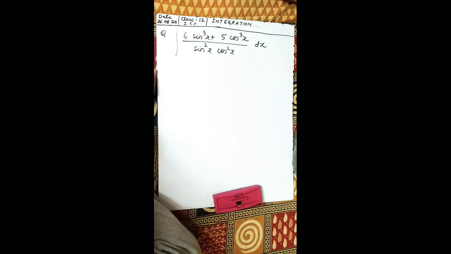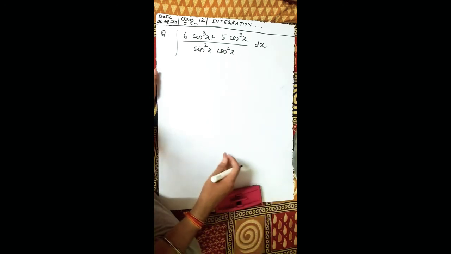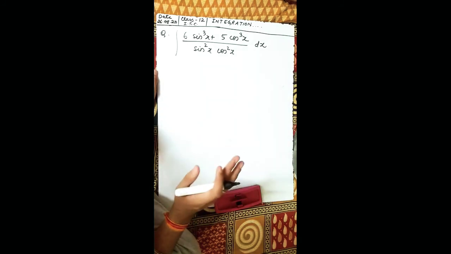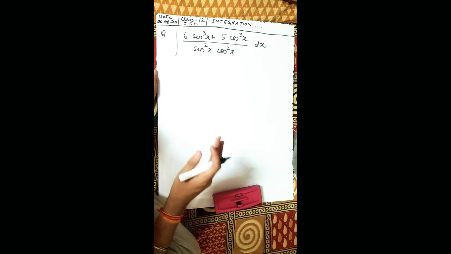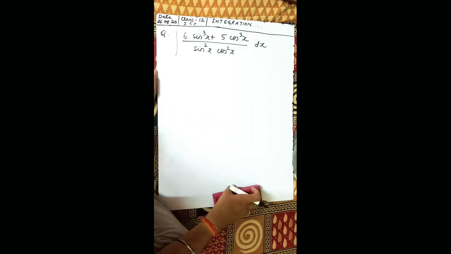Okay, so this is the question: 6 sin cube x plus 5 cos cube x upon sin square x cos square x. Pause the video, just try to think what we can do in it. If you have paused and used the logic, try to confirm whether you are correct or not.